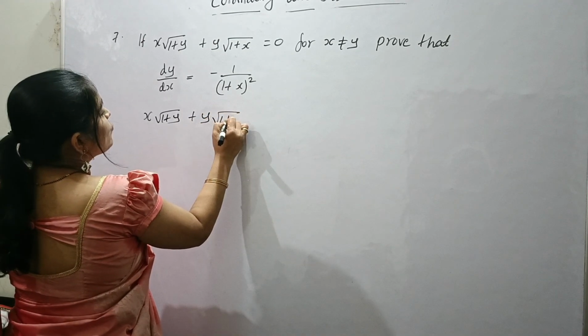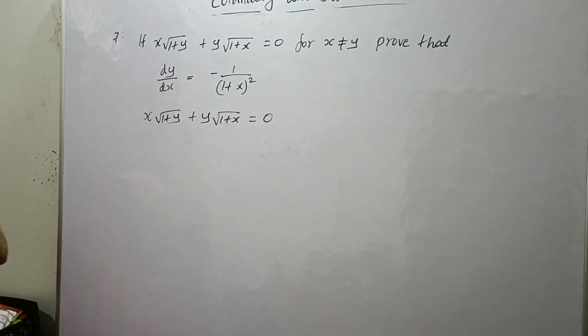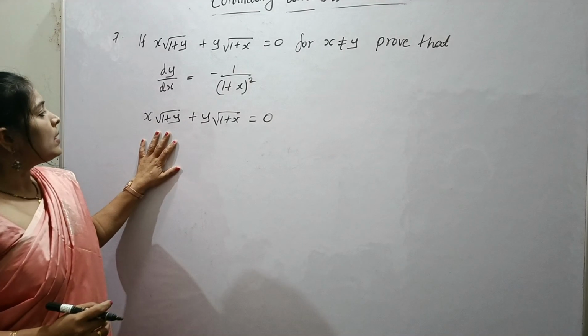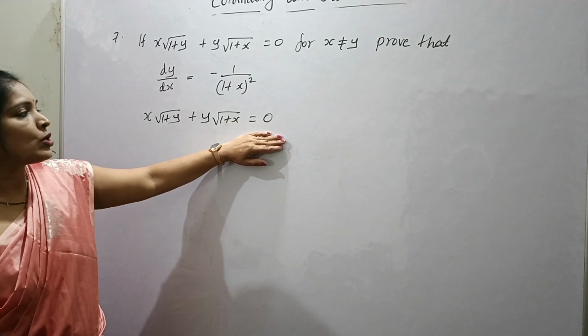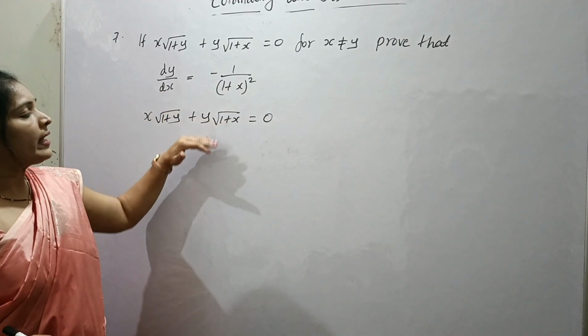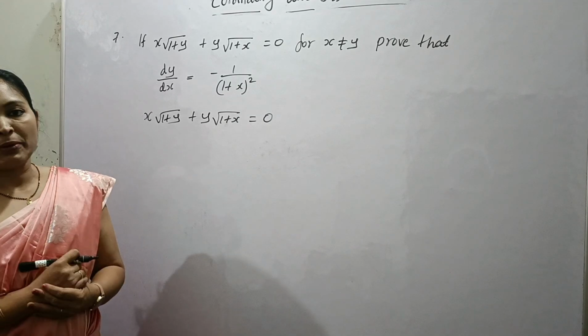Here take this equation: x into root of 1 plus y, plus y into root of 1 plus x, is equal to 0. I will take the y root 1 plus x to the right side, so that we can cancel this root, for easy simplification.